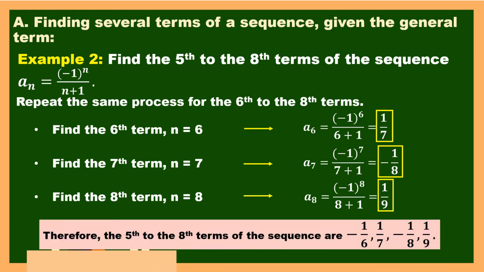Therefore, the 5th to the 8th terms of the sequence are negative 1 over 6, positive 1 over 7, negative 1 over 8, and positive 1 over 9. So, nakuha natin yung panglimang term hanggang pangwalong term ng sequence gamit lamang yung kanyang general term.